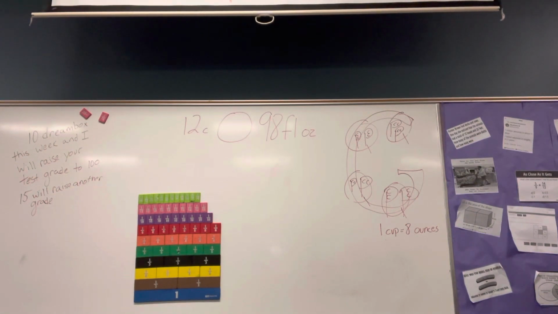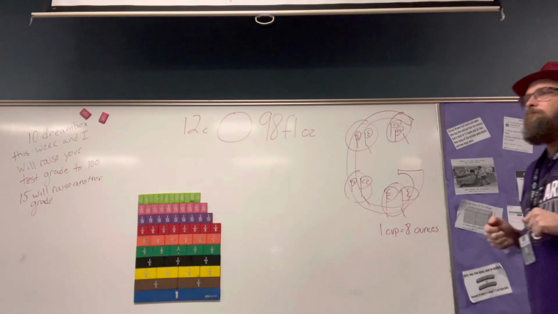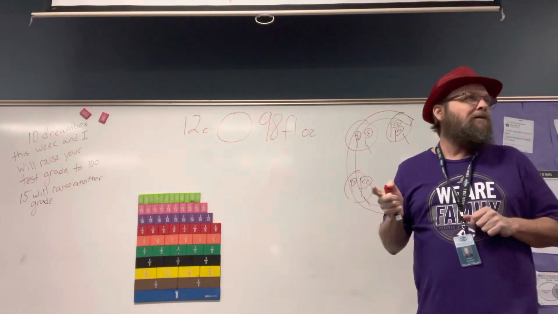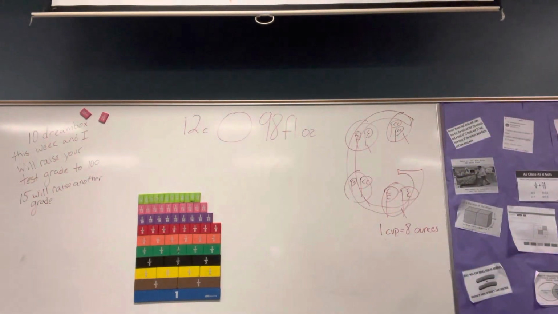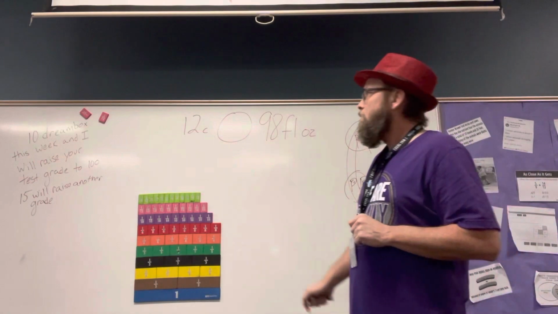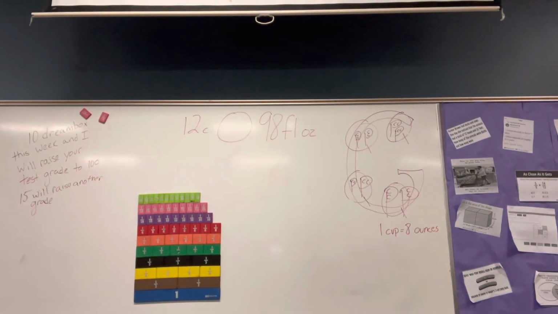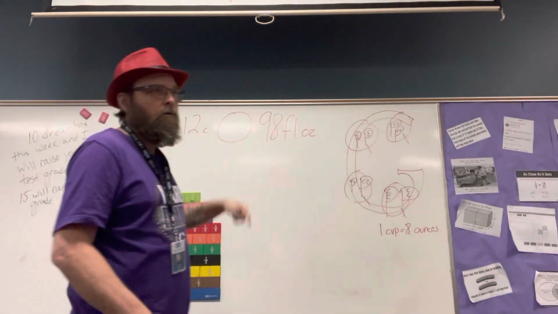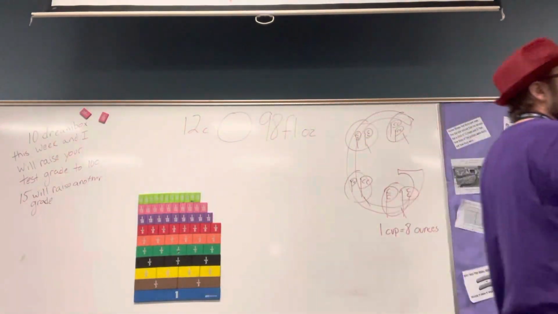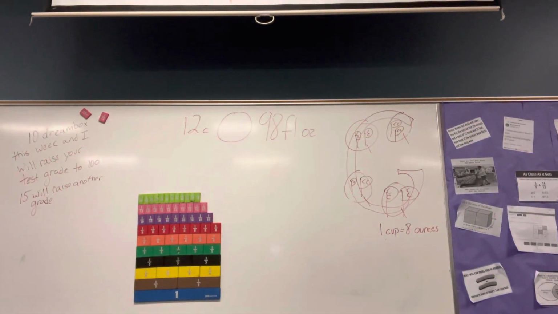Because it's lower than the cup. No, not quite. Landry? Because there's a weight ounces. Good. There is a weight ounces. We're obviously not going to change how much is in a cup to how much that cup weighs in ounces, but they make it fluid ounces so you can tell the difference.